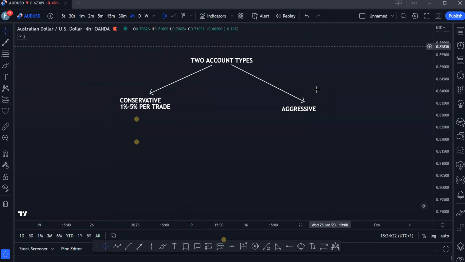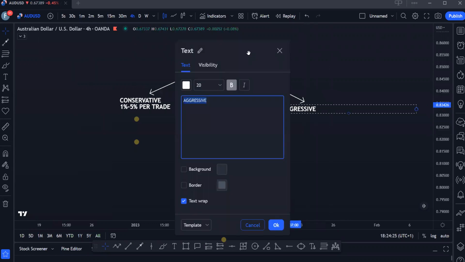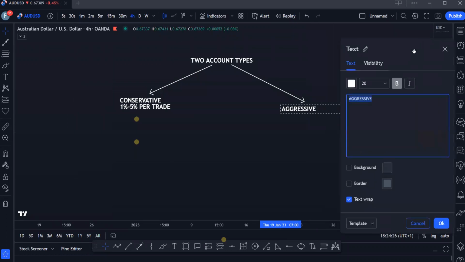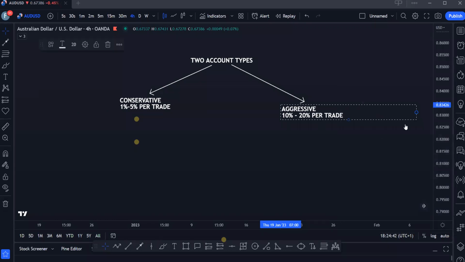Meanwhile, on aggressive accounts, on every trade that you place, you want to risk anywhere from 10% to 20% per trade, because you are trying to flip these accounts.